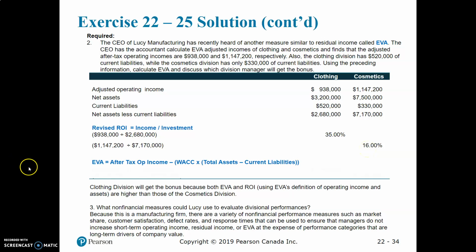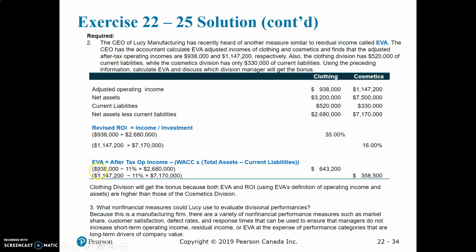Focusing our attention now on calculating the economic value added performance measure, the formula is after-tax operating income minus weighted average cost of capital times total assets minus current liabilities, which is basically our investments.